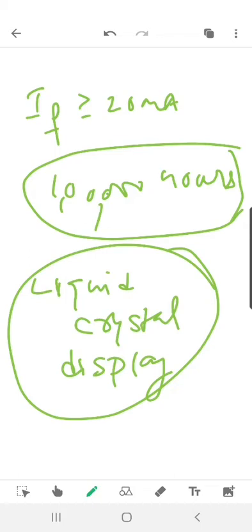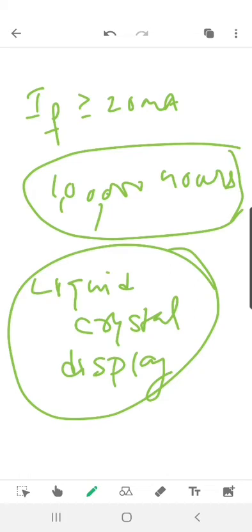When we compare LED and LCD, LED is faster than LCD because the response time of LED is in microseconds. Okay. And for LCD, the response time is in milliseconds. So since the response time is small, our LED always operates faster than our LCDs.